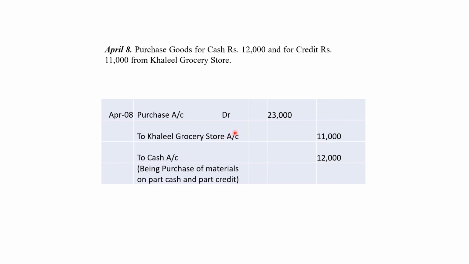So actually, when this gets recorded in the journal, it will be purchase account debtor to Khalil's grocery store account 11,000 to cash account 12,000. But Khalil's grocery account will be credited by purchase account 11,000 only, and again cash account will also be credited by purchase account 12,000 only.